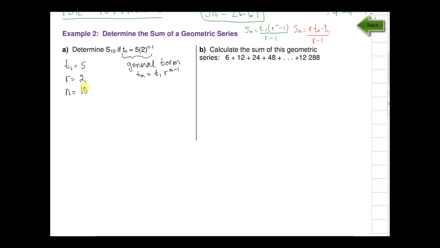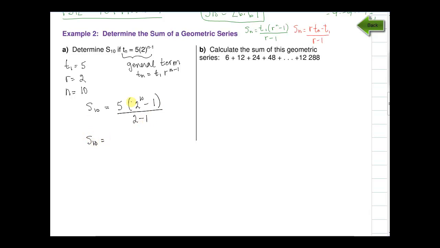Okay, so going to our formulas, it looks like we're going to be using the first formula again, right? Because we know what T1 is, we know what r is, and we know what n is. So S subscript 10 is equal to the first term times r to the n, so 2 to the 10 minus 1, divided by r minus 1, which is 2 minus 1.